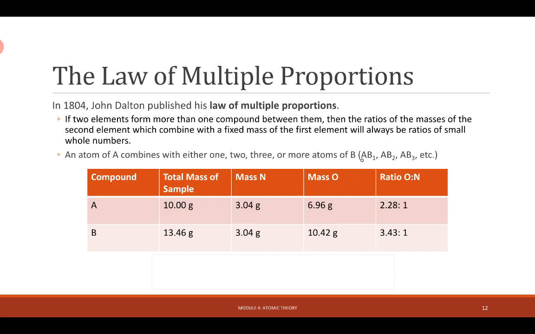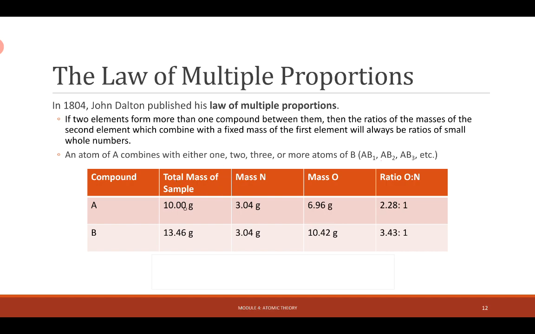So for instance, if you have one atom of A and one atom of B in one compound, then in the next compound you'll find out that if you have 1 A, you have either 2 B's or 3 B's. And you can figure this out strictly based on masses without knowing molar masses or anything.